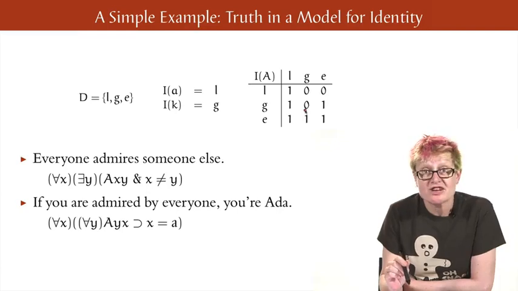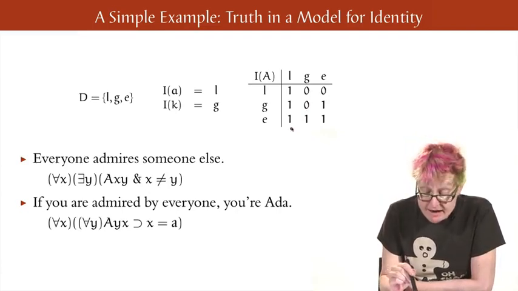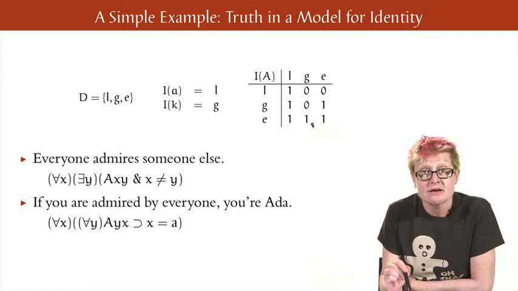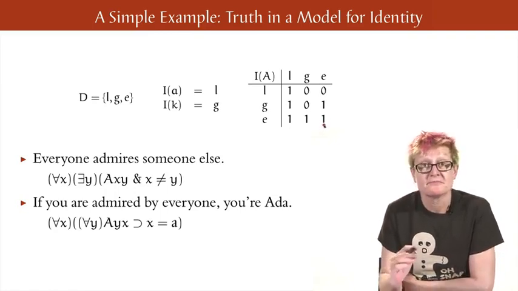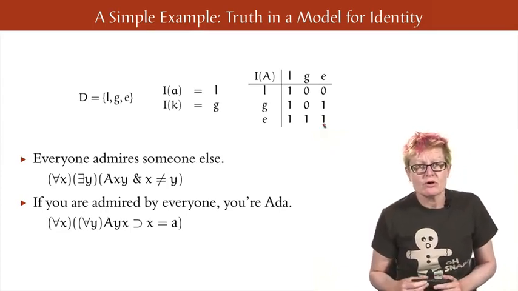Gödel was a very troubled genius with doubts and anxieties. And the last row of the table says that Albert Einstein admires, well, everyone in this model: Ada Lovelace, Kurt Gödel and himself.